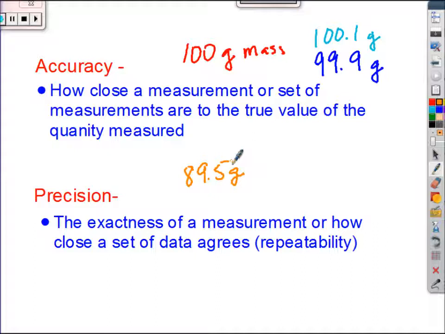That didn't sound right, so I tried it again. The next time it was 89.6 grams. I can try it as many times as I want, and it keeps showing 89.5, 89.6. That's a precise measurement, but not an accurate measurement. This one is precise because the values are close together, even if it's not the right answer.